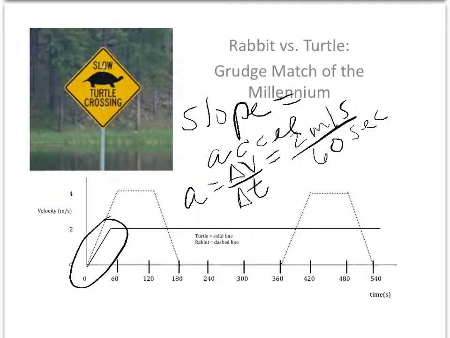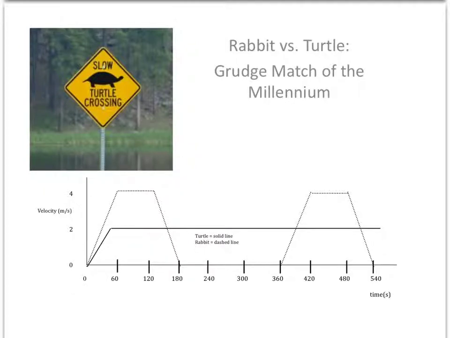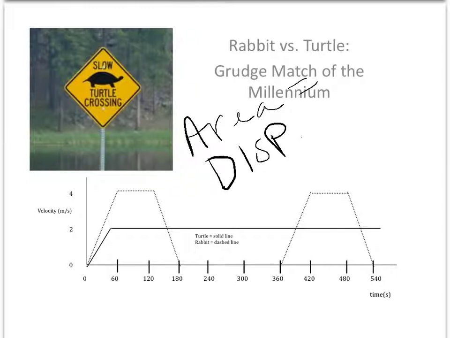Now the second thing that we can get from velocity time graphs is how far we've gone. So it's not as simple as distance equals velocity times time, but it's not really too tricky either. The idea is that the area under a velocity time graph is equal to the displacement that you underwent during that time.